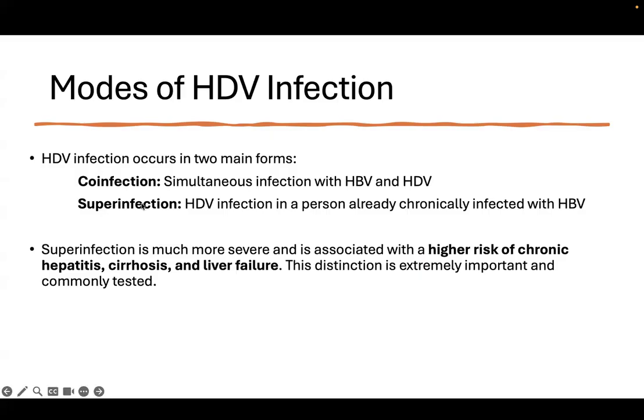Superinfection is more severe than co-infection, and it can increase the risk of chronic hepatitis, cirrhosis, and liver failure, because much more of your immune system is being turned on. Generally, it's very important that if you have hepatitis B chronically, you test whether you have hepatitis D virus as well.